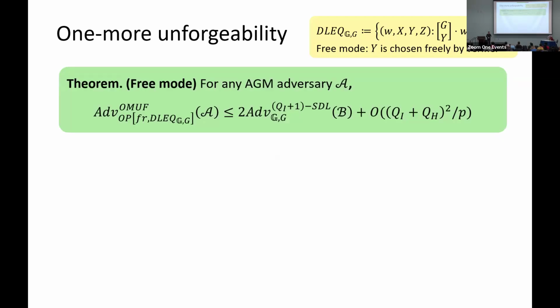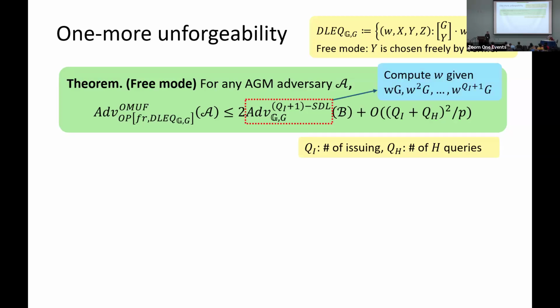In the free mode, we show the scheme is one-more unforgeable for the DL-EQ relations, and security is reduced to the strong Diffie-Hellman assumption. Here Q_S represents the number of signings, and Q_H represents the number of issuing queries, the random oracle queries.